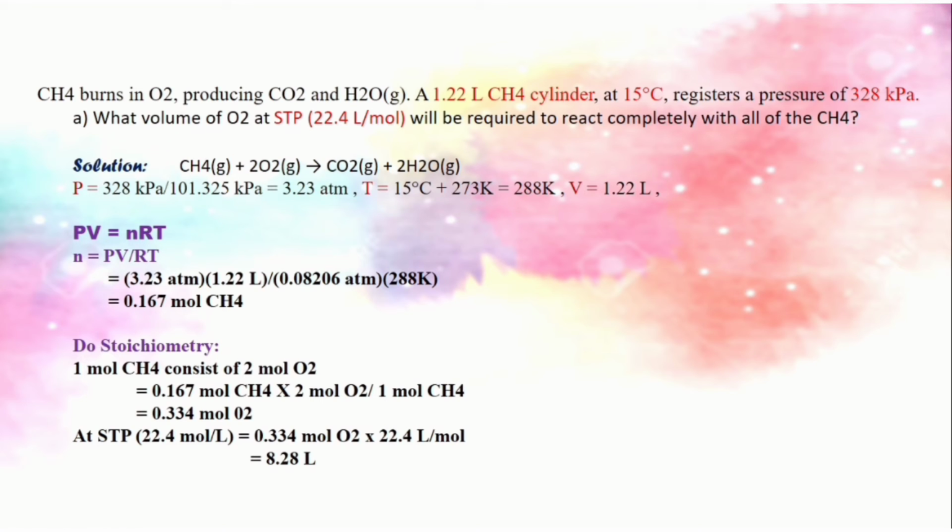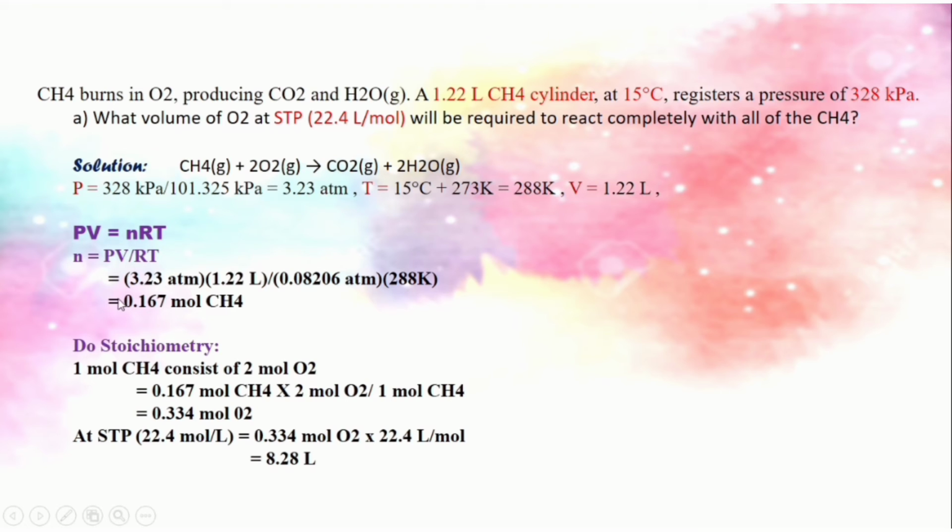0.167 mole CH4. So we do the stoichiometry. Because the question asks for all the CH4, here we use the CH4 and the oxygen. So 1 mole of CH4 consists of 2 mole oxygen.